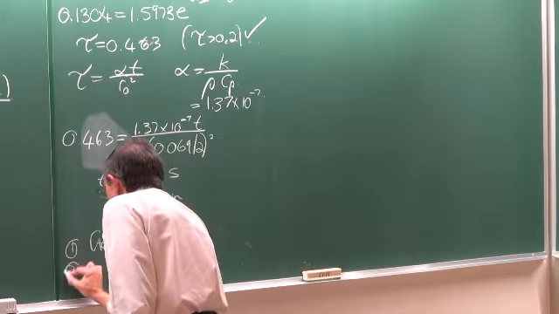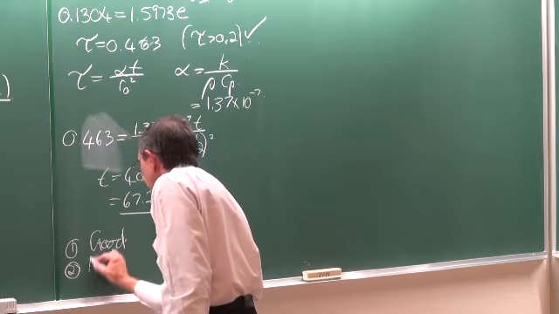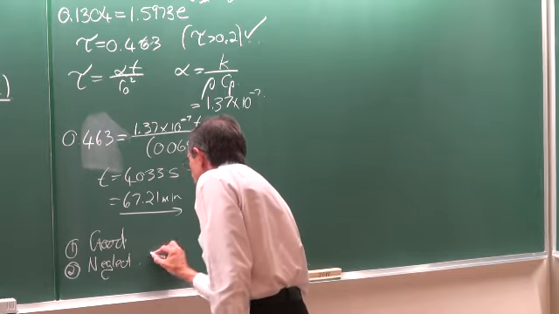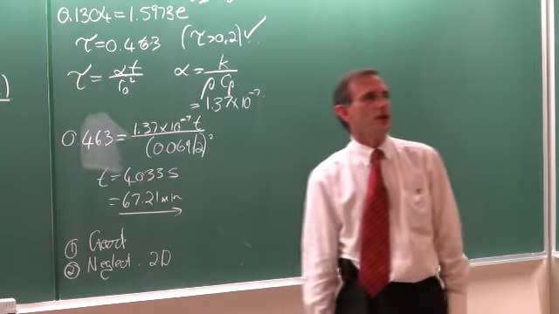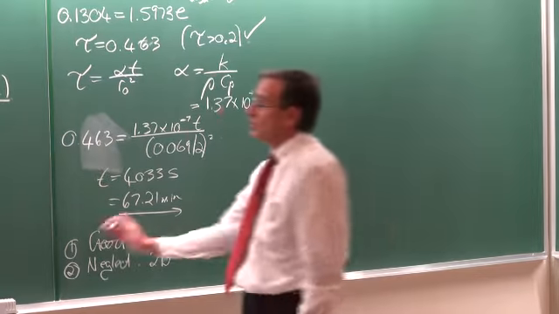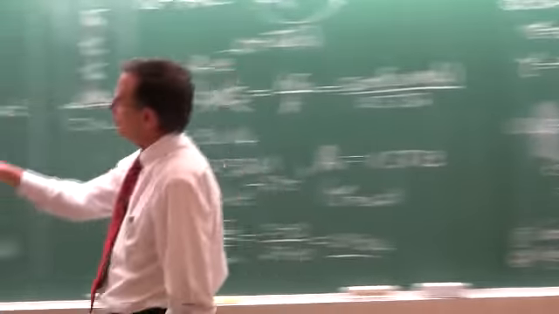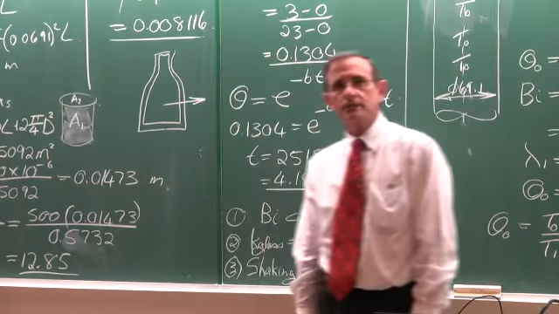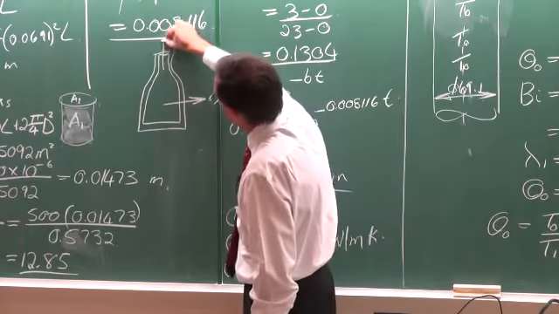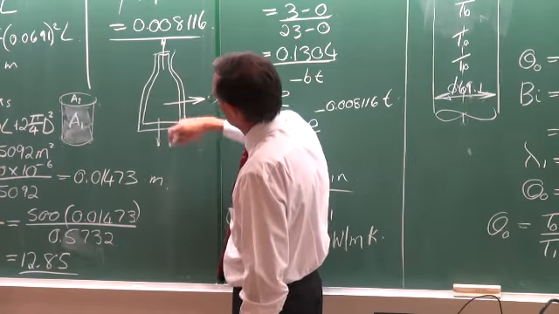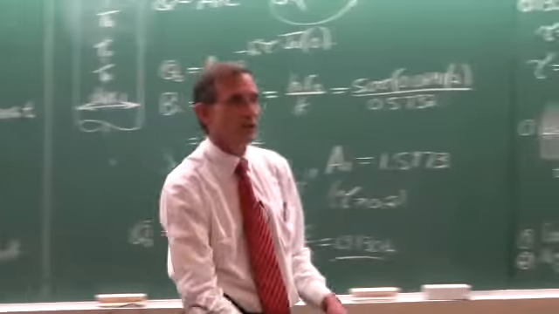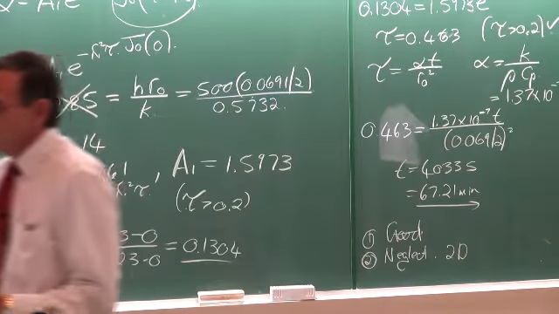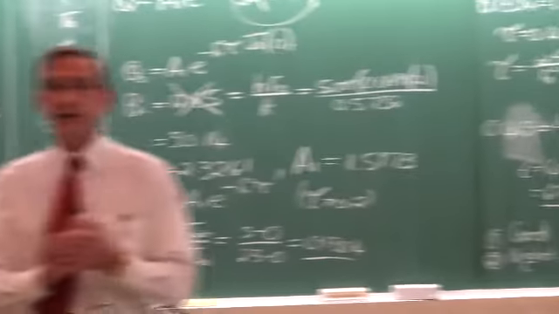The limitations would be that we neglect the heat transfer in the second dimension. We are only looking at the heat transfer in that direction. We know that there will also be heat transfer in that direction and in that direction. So we need to take that into consideration.